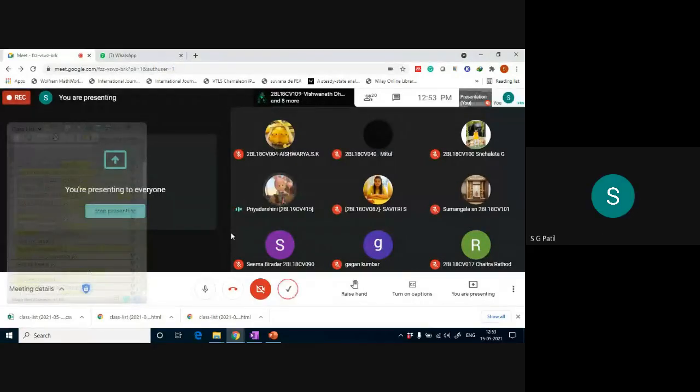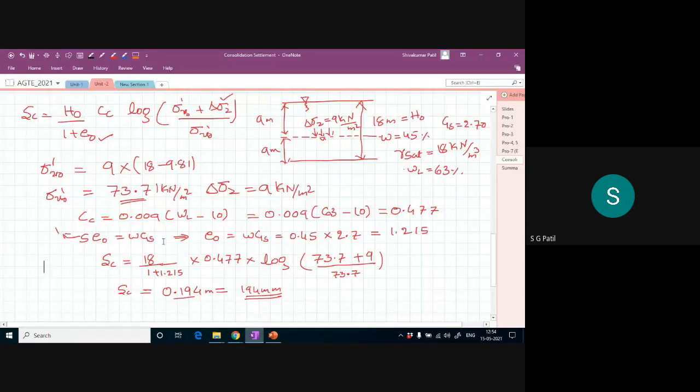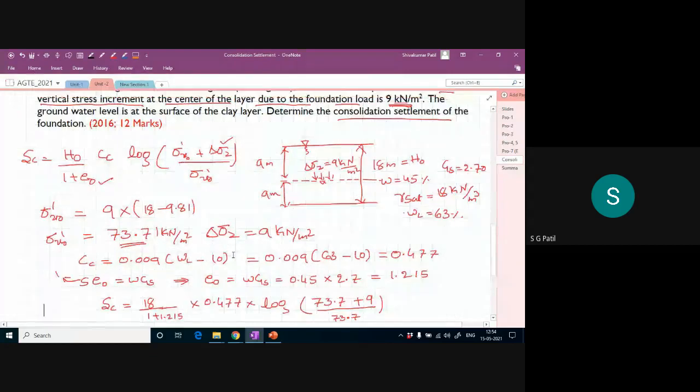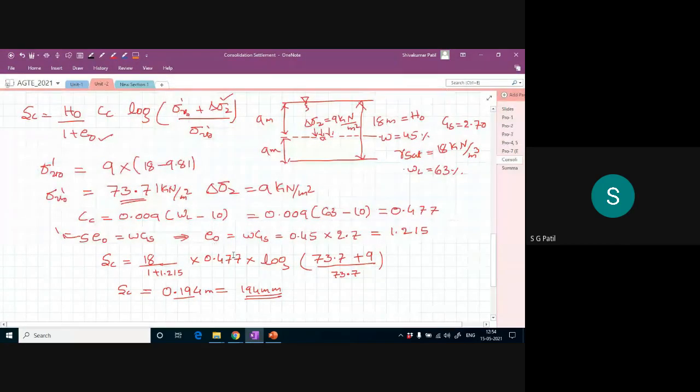So again, in the meanwhile, we have lost the network. Can you tell me when you lost the network? Are you able to follow this problem, whatever I solved? Yes or no? Yes, sir. So how much consolidation settlement did you get? Are you able to get this number, 194 mm? Yes, sir.